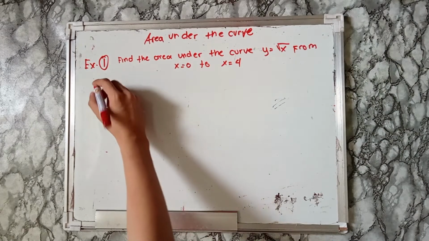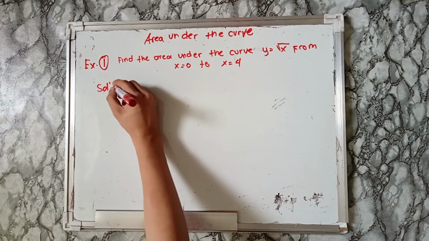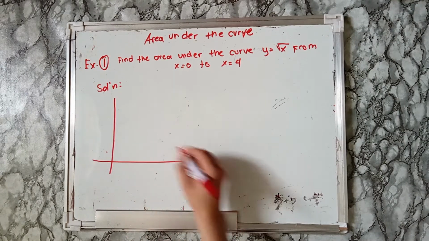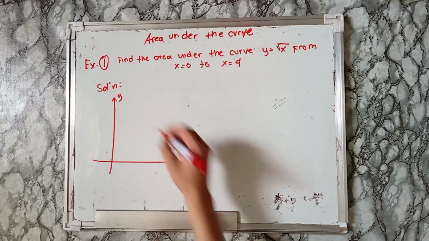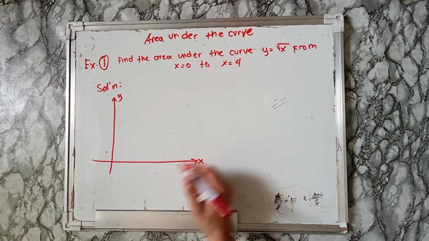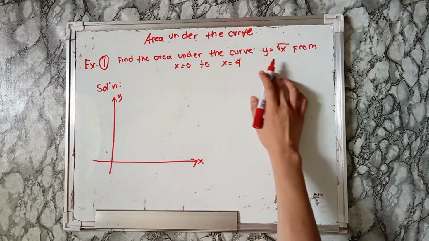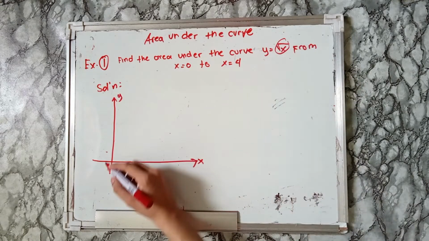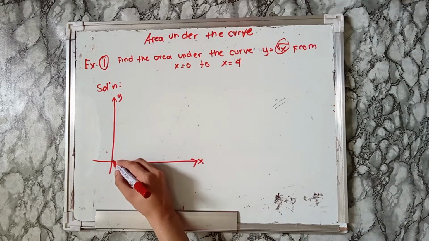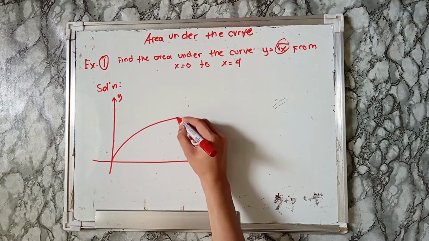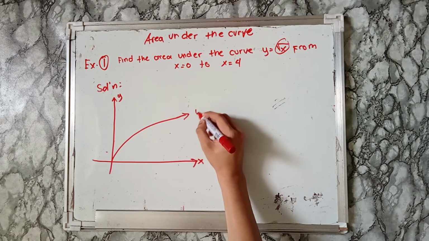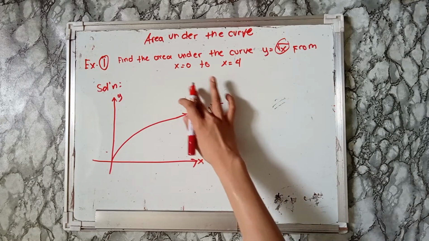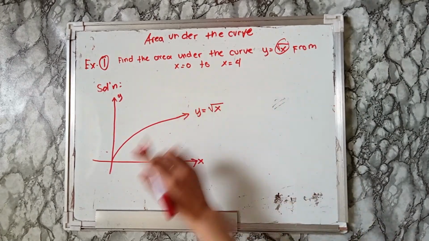Now our solution here is, first we need to graph. So this is y, this is x, and actually y is equal to square root of x here is just a curve like this. So let's label this as y is equal to square root of x. And our limit here is 0 to 4, right?